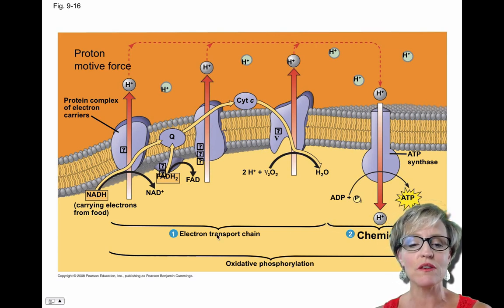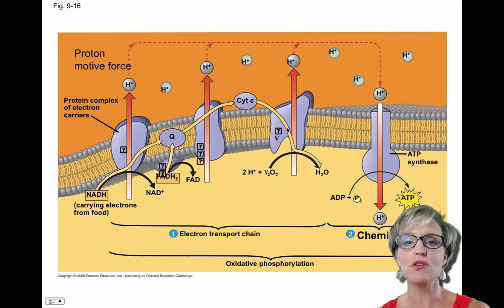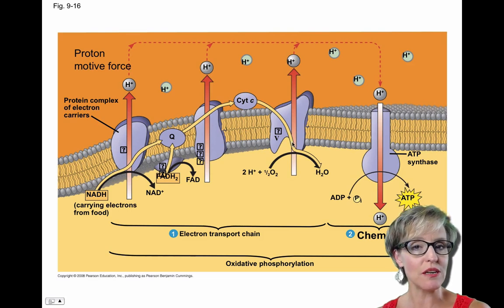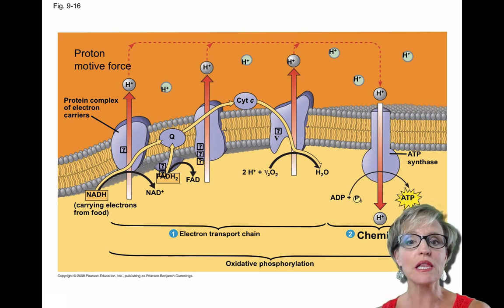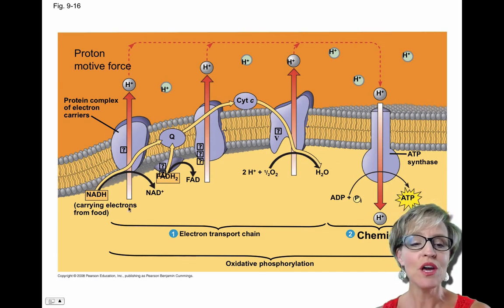So notice these sub stages down here. Here's NADH. It drops off its electrons, which float through the electron transport chain. Each of the proteins will be more highly electronegative, pulling the electrons down to the final electron acceptor, which will be oxygen, and that would be happening down here. Now, not only does NADH drop off its electrons, it also drops off hydrogen.